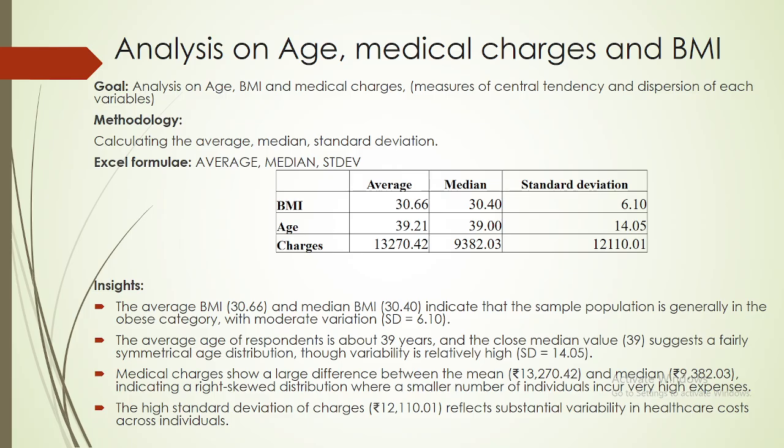It means the data is not consistent; we can say that by looking at the standard deviation value. And here the mean is much larger than the median value. It means the data has a right-skewed distribution, and only a smaller number of individuals incur very high expenses.